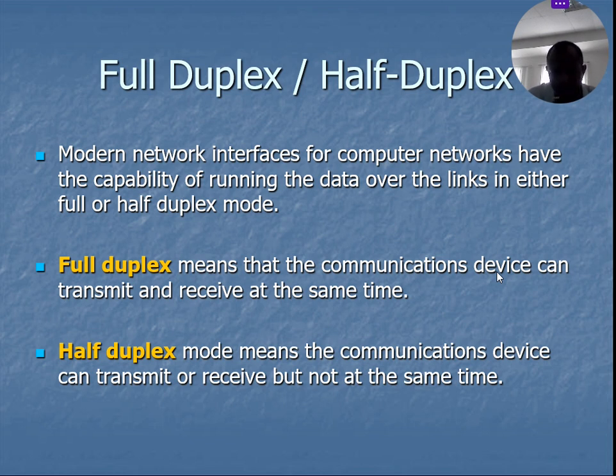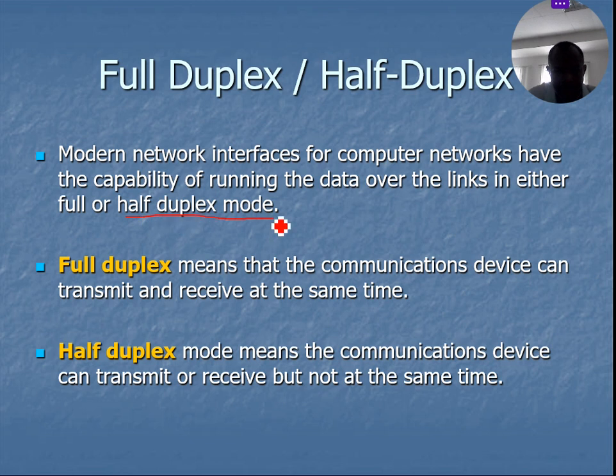like all your computer networking interfaces, from your hub, from your switch, from your bridges, from your router, all of them that are used in your network, have the capability of running the data over the link in either full duplex mode or half duplex mode. Manufacturers like Huawei and Cisco make these new technologies.